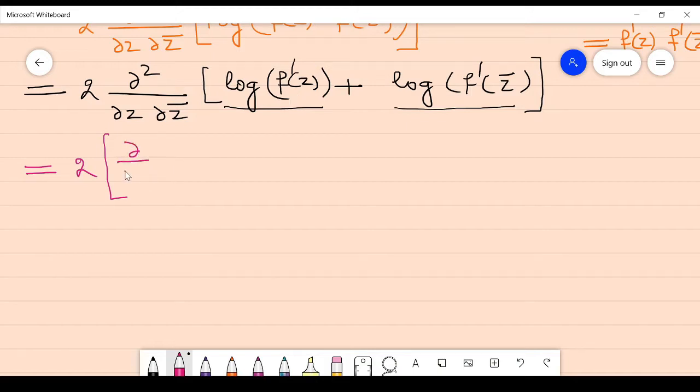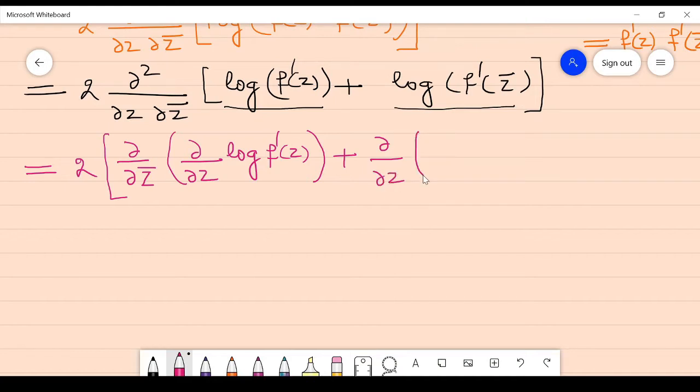So ∂/∂z conjugate is outside, into ∂/∂z of log of f dash z, plus ∂/∂z into ∂/∂z conjugate into log of f dash z conjugate. So this value.